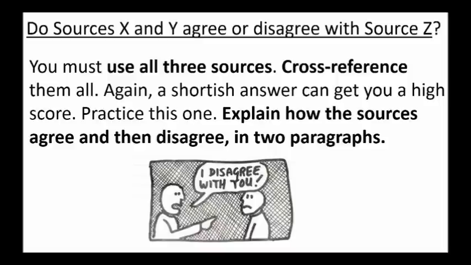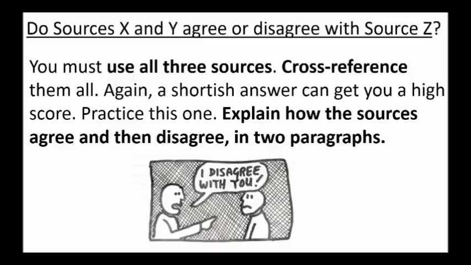Okay, now this is a question that sometimes throws students, and it's when you get 3 sources in a question. So for example, do sources X and Y agree or disagree with source Z? Again, keep it to 2 paragraphs, even if it's about 3 sources. You must use all 3 sources, that's very important, and you must cross-reference them all.